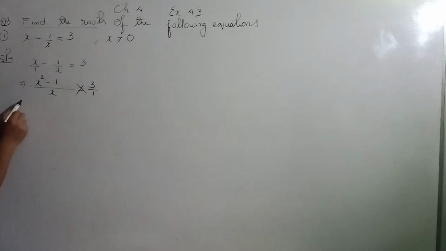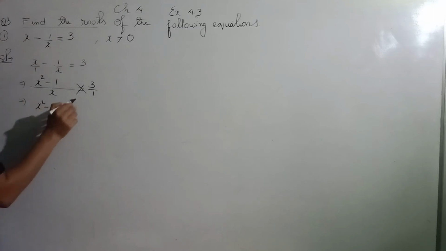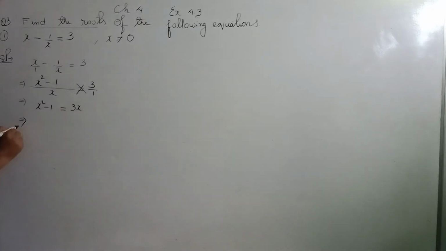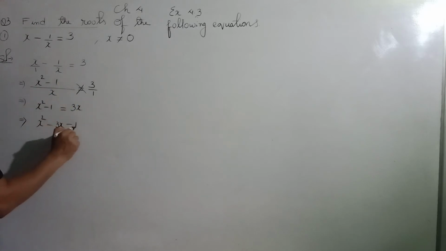If you cross multiply, x squared minus 1 times 1 is x squared minus 1, and 3 times x is 3x. Now let us rearrange. Let's bring this 3x to the left side as minus 3x, and then we have minus 1 equal to 0.